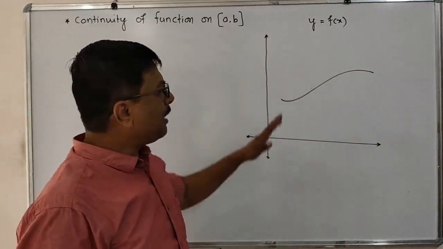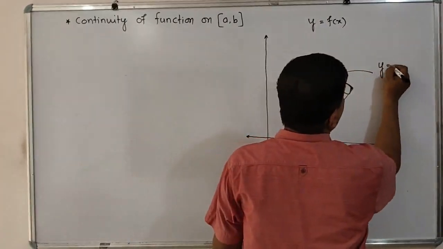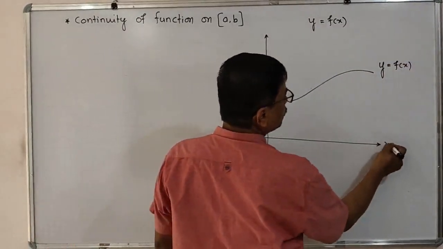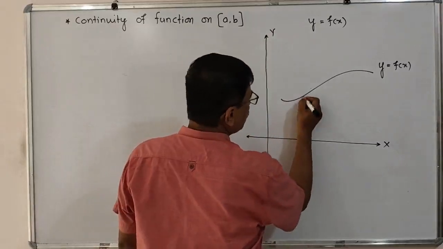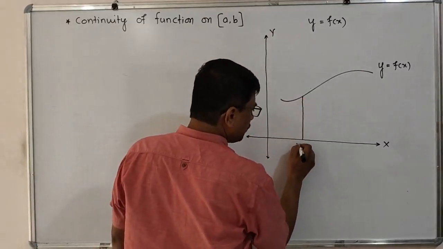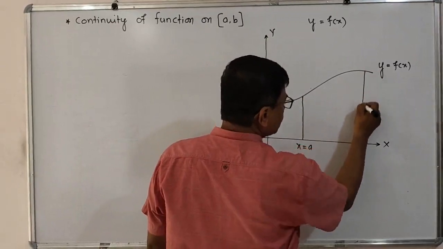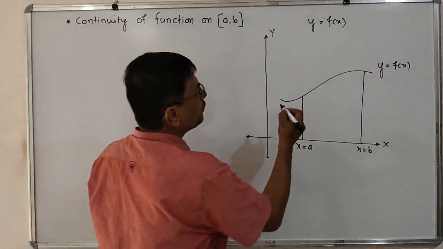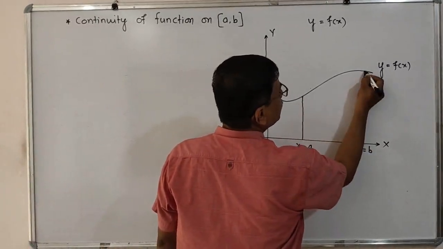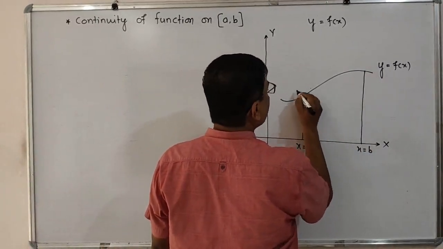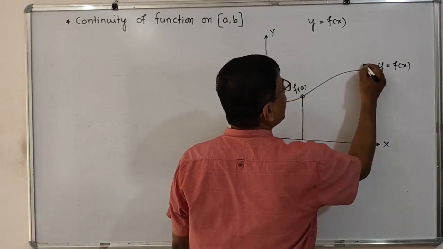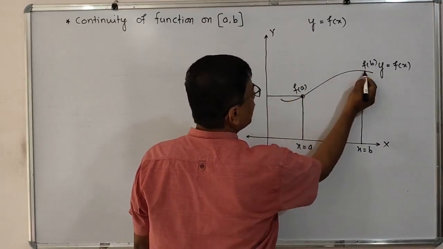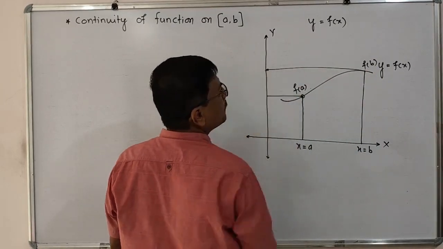Suppose this is a graph of the function y is equal to f of x, and if you take an interval of values of x, suppose this is point x is equal to a and this is point x is equal to b. Now these are nothing but the values f of a and f of b.